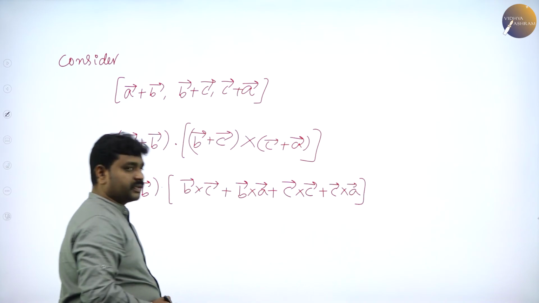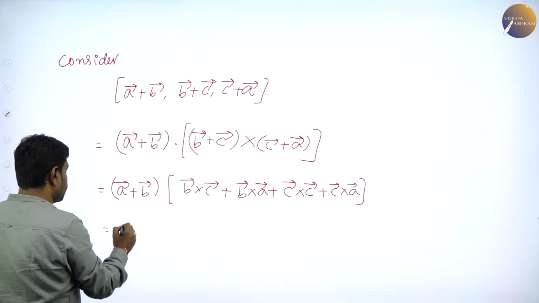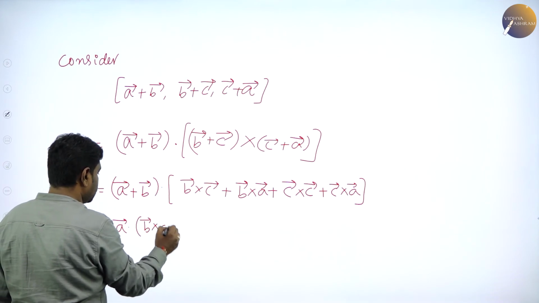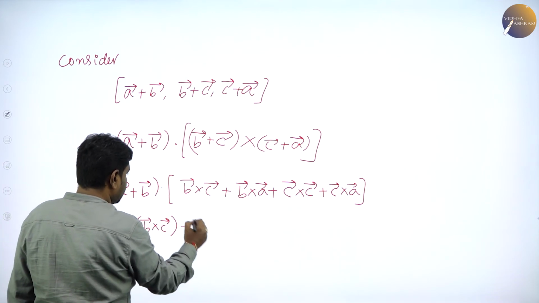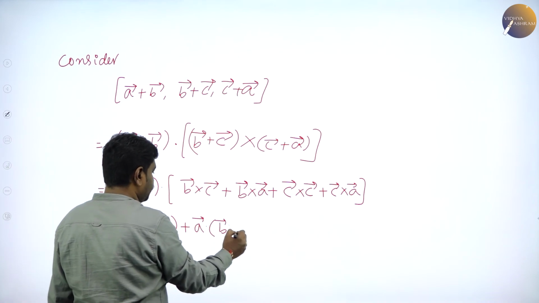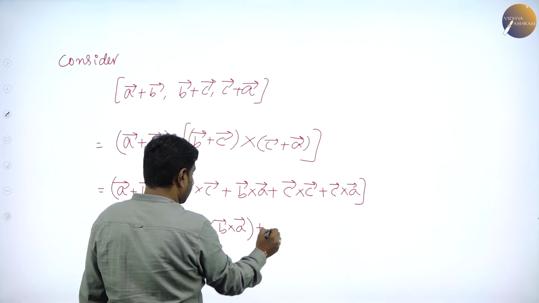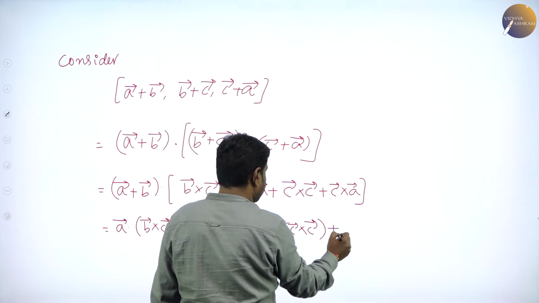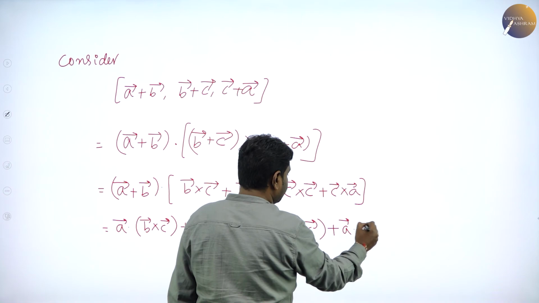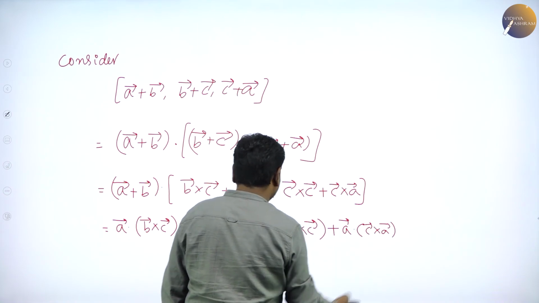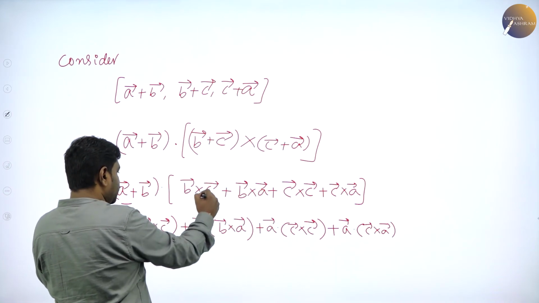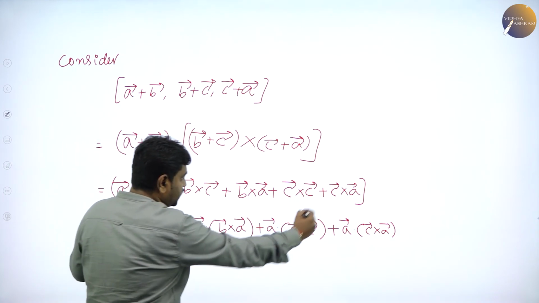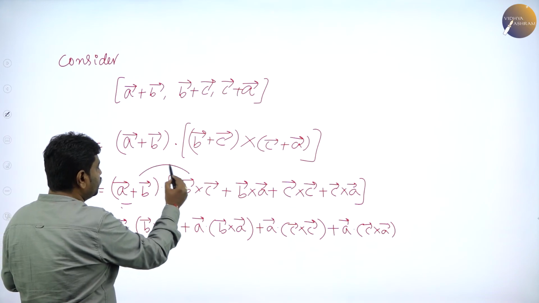Now further we'll simplify this, we'll expand. So vector A dot B cross C plus vector A dot B cross A plus vector A dot C cross C plus vector A dot C cross A. Now I have done dot product of A. Now we will go with B, B dot this, like that.